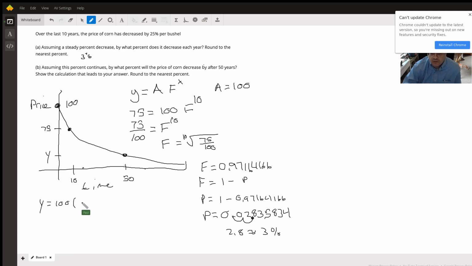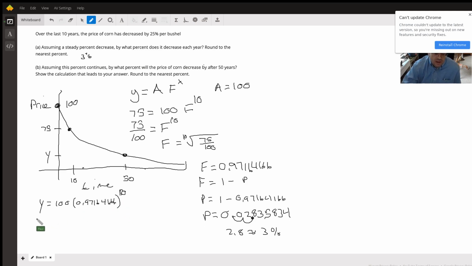The growth factor is 0.97164166, and this time we're going to multiply it 50 times. And this is why you need so many decimal places, because you multiply it over and over and over again, so error will kind of compound.